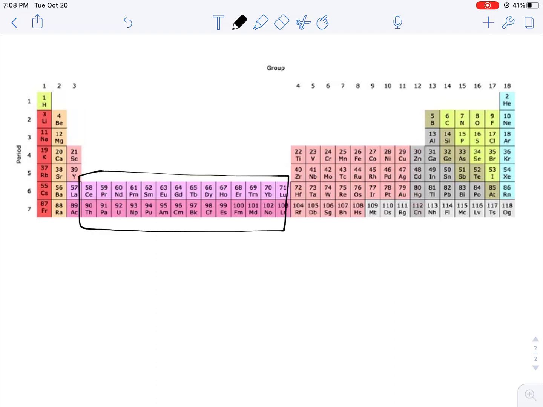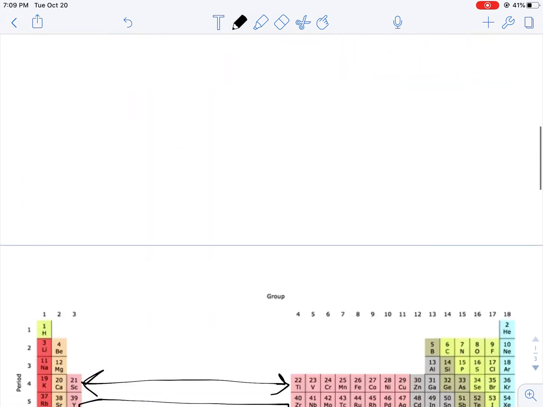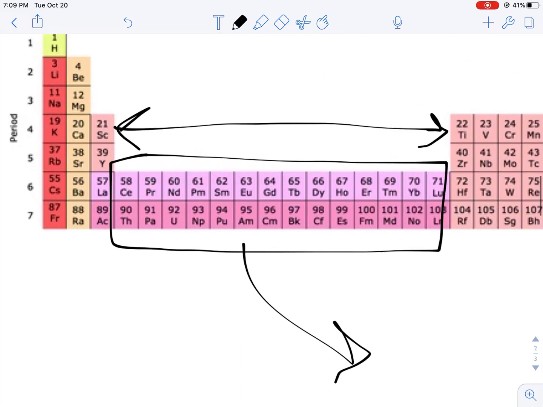So to make life easier, this F block of elements is simply pulled out, and then the D block is smushed together so that we have what we would call our regular periodic table of the elements. And in this fashion, it fits on an 8.5 by 11 piece of paper with far greater ease. As a result, our boxes are able to be larger in size so we can put more information in them. But truth be told, here's what the periodic table of the elements should look like.